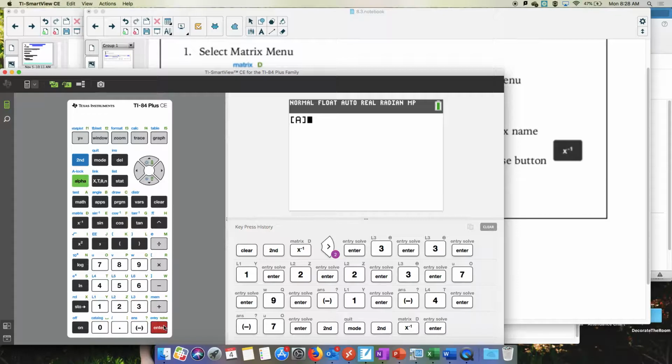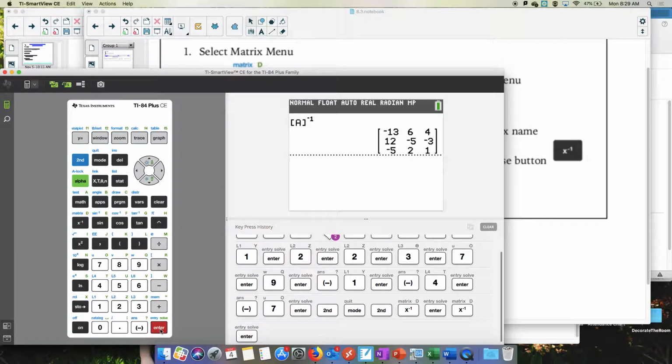And then we want the inverse, which coincidentally is the button we use for our matrix menu. We just don't have to press second. You literally just press that inverse button.